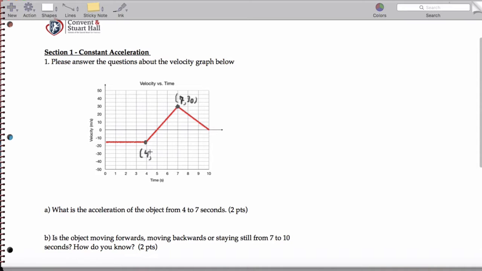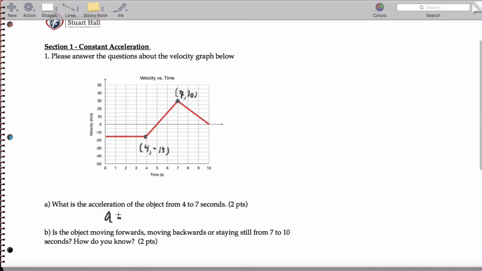And the other point that I'm choosing is that at 4 seconds we are going at negative 15 meters per second. So the acceleration is the slope, and when we calculate that, that's going to be 30 minus negative 15 over 7 minus 4, which is 3, which is going to give us 15 meters per second squared.